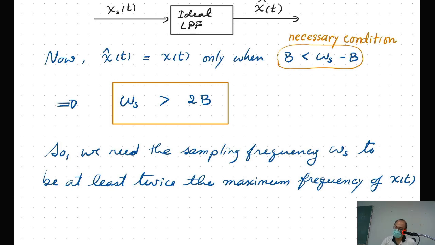Now, twice the maximum frequency has a name. It is very important that we name it. It's called the Nyquist sampling rate.